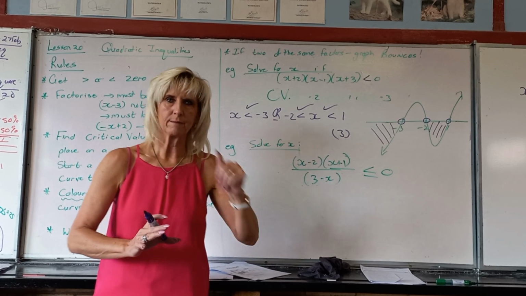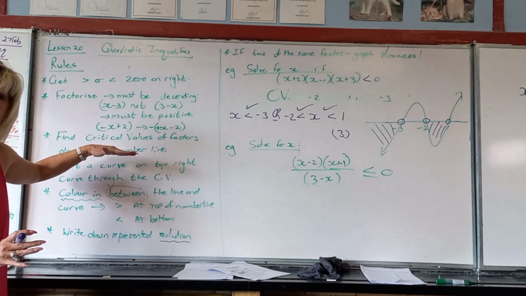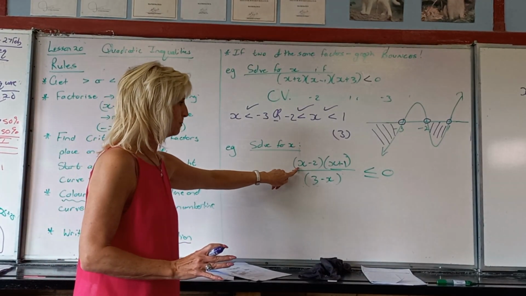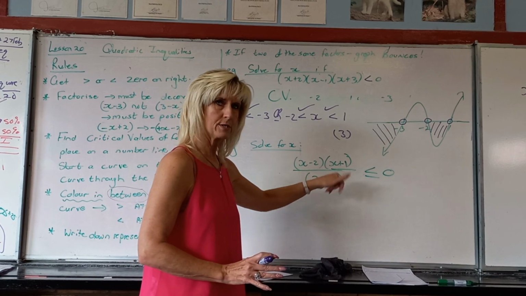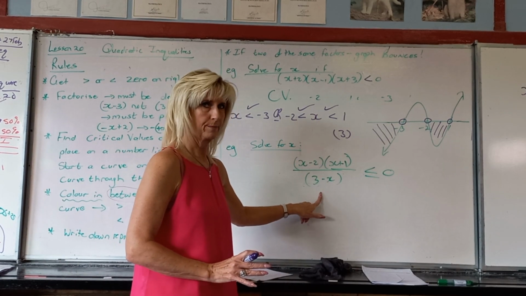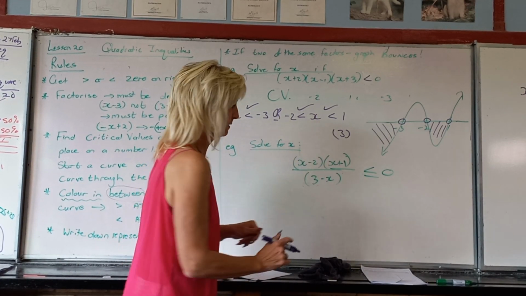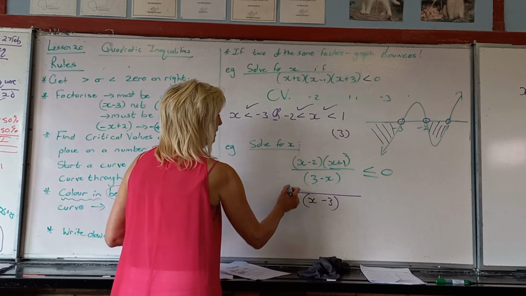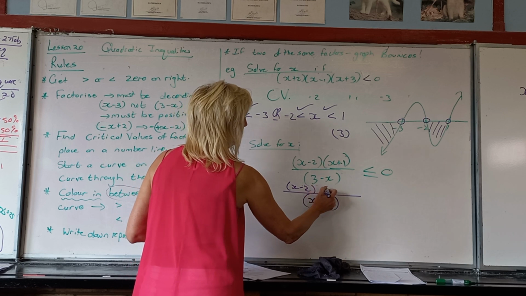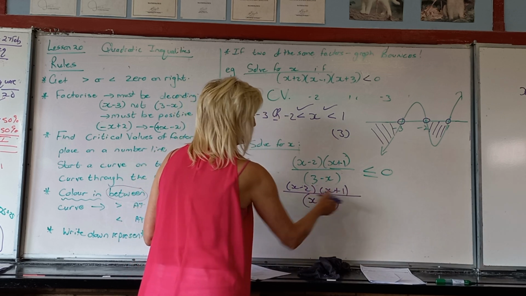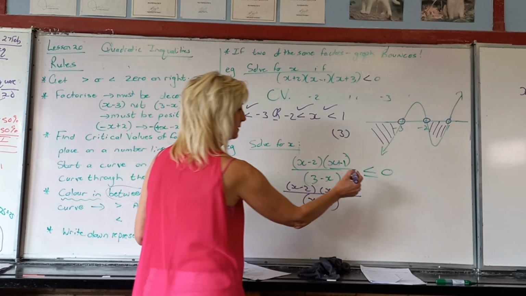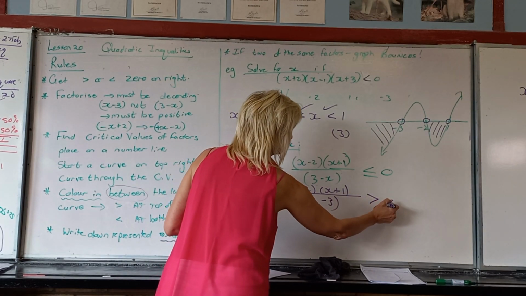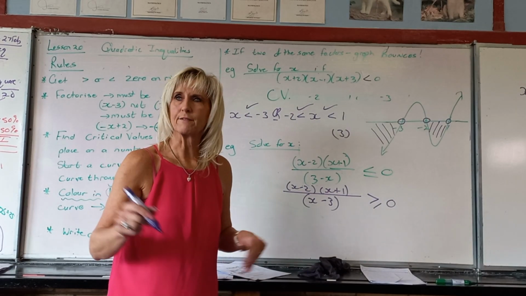Are they okay, according to my rules? No. Descending and positive, shop. Not shop. How do I change that? 2 minus x, 3 minus x, and leave the x minus 2 and leave the x plus 1. Just like that. But the sign will change because of the minus that I've multiplied in there.